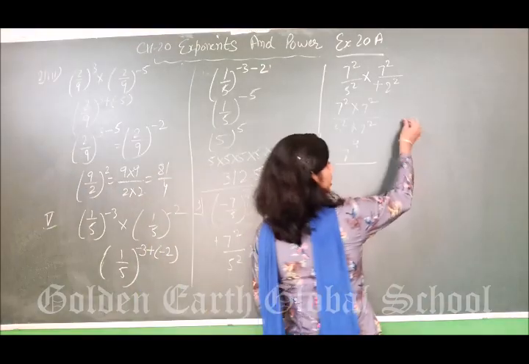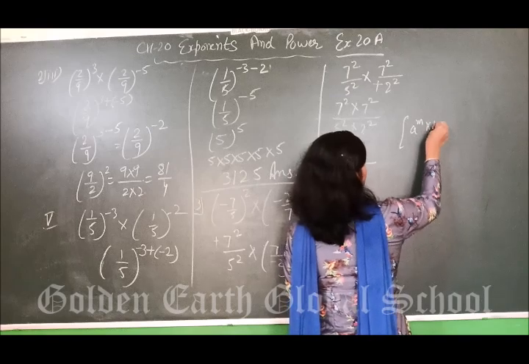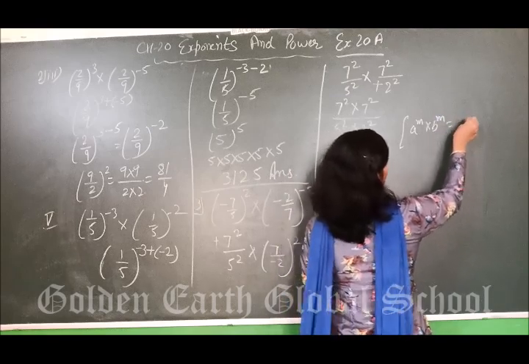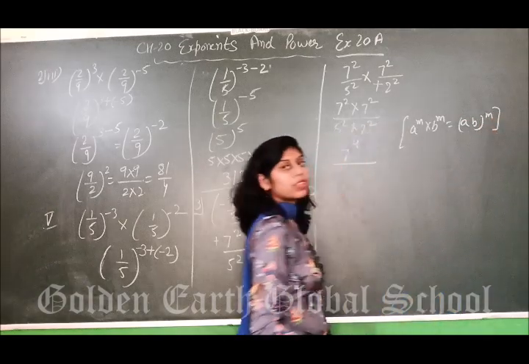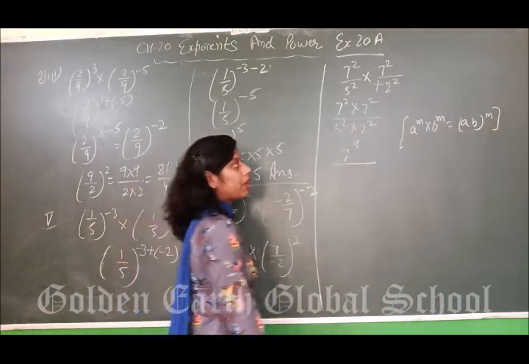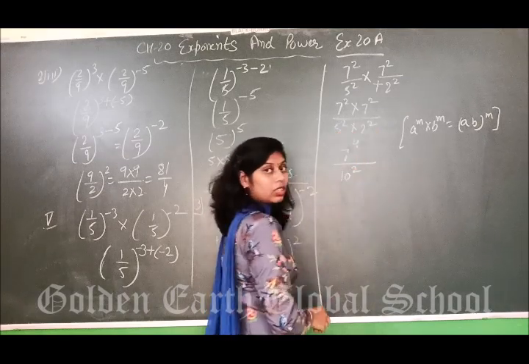So we will apply the rule here. a raised to power m into b raised to power m is equal to (a into b) raised to power m. So the bases will get multiplied and the power will be written once. 5 into 2 is 10, 10 raised to power 2.